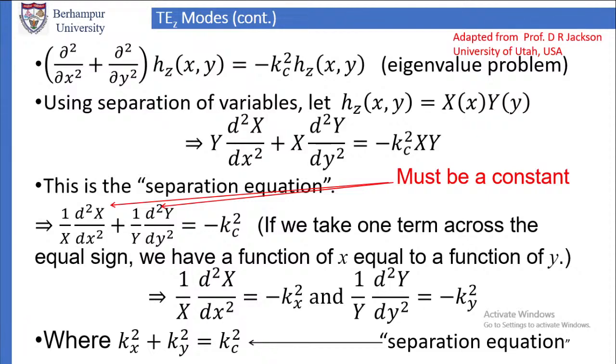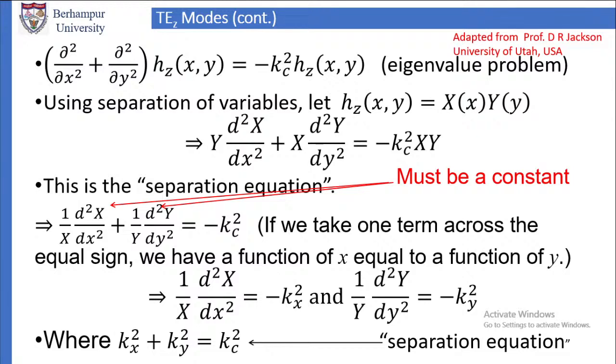If one of them is a variable, you cannot get a constant on the right-hand side; the right-hand side would be a variable, and therefore each of them must be a constant. So (1/X) d²X/dx² is a constant, and (1/Y) d²Y/dy² is a constant.